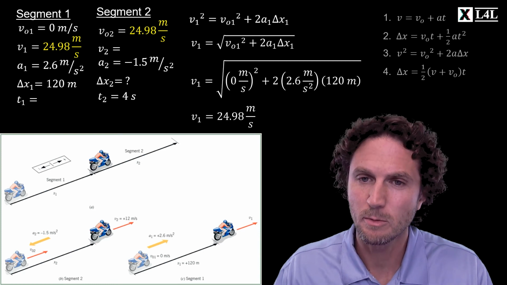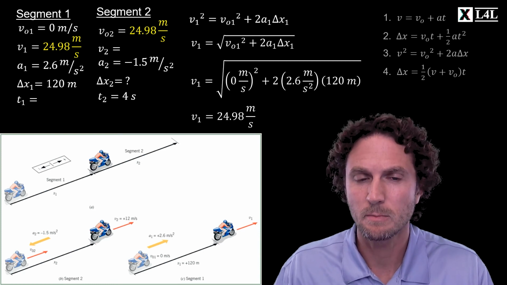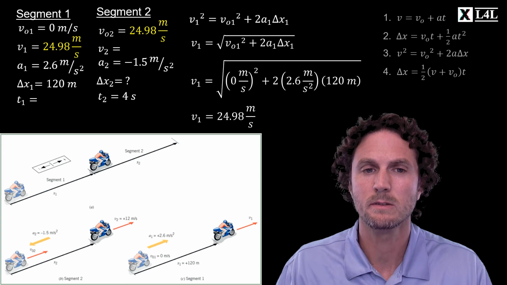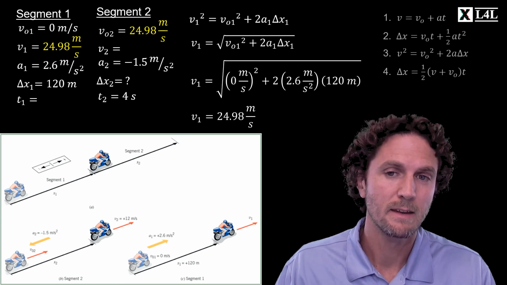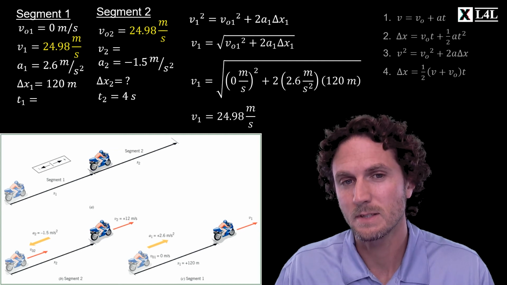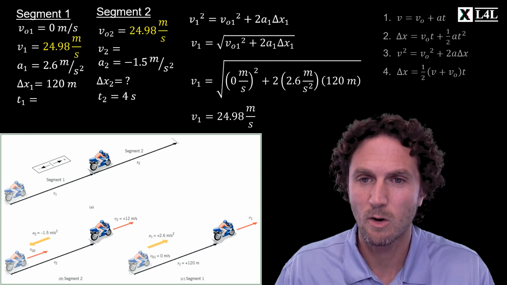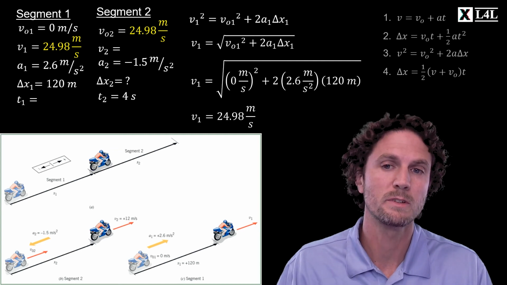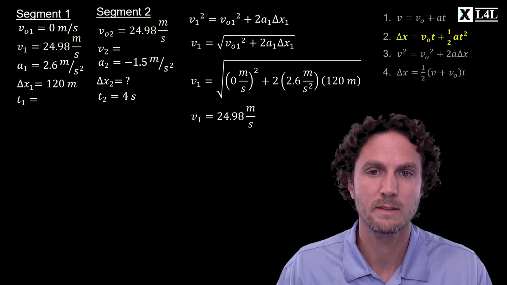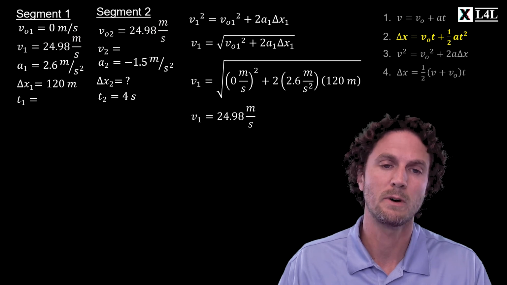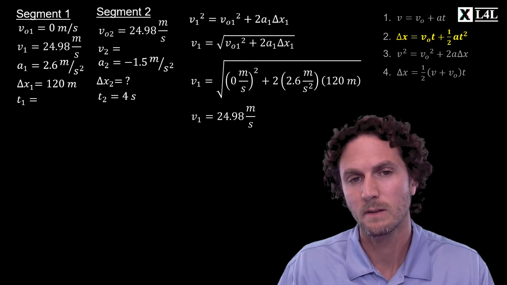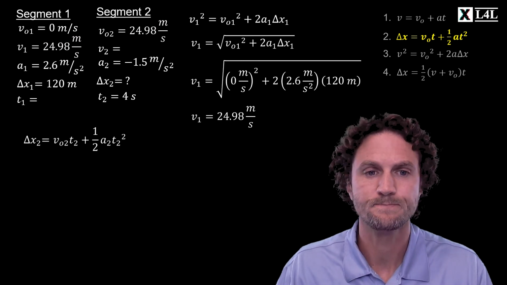Just like before, we need an equation that's set up to solve for displacement, but that doesn't have the final velocity in it. There are 2 of them, and one of them does not have final velocity. So it's the second equation that we're going to use to solve for the displacement during segment 2.